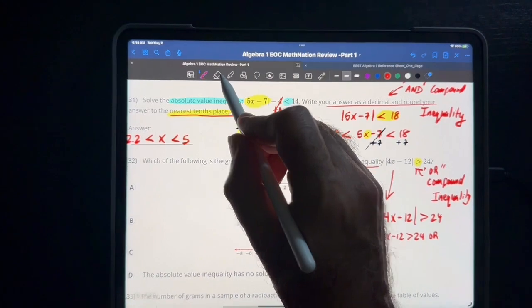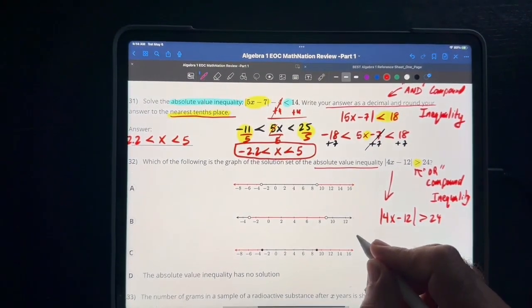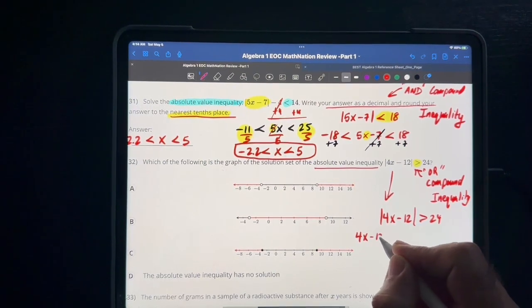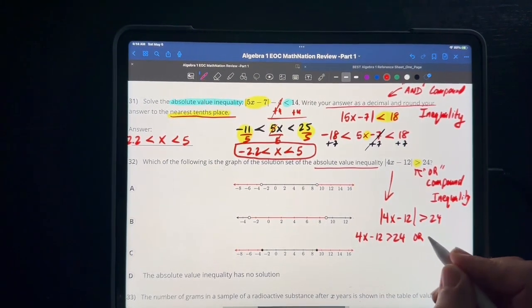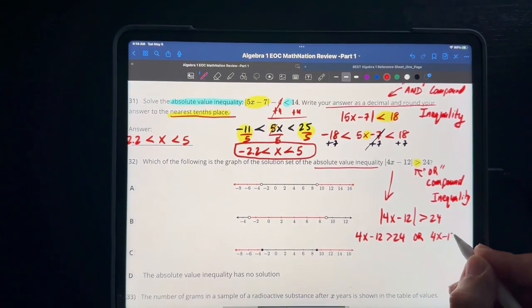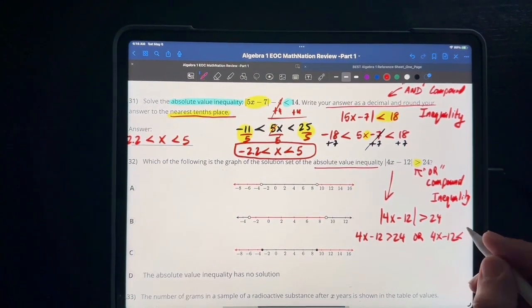I need some more space here, so let me put it over here. 4x minus 12 is greater than 24, or 4x minus 12, and then you flip this sign. You flip it, and you put the opposite sign, negative 24.